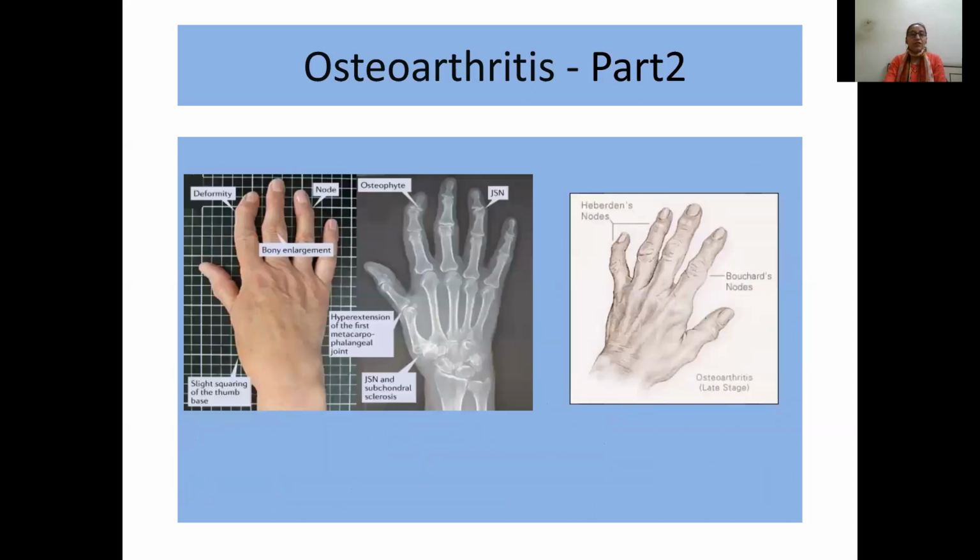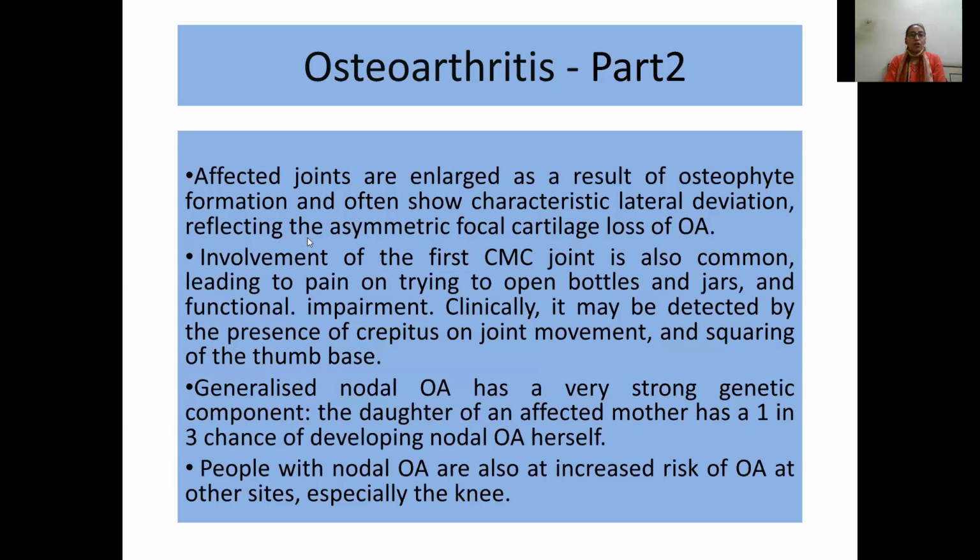If you see the previous picture, this is the deformity in the first carpometacarpal joint, and this swelling here causes the square thumb base, and these are the osteophytes. These pointed projections are called osteophytes, and these enlargements are called nodes. So these are Heberden's nodes, and these are Bouchard's nodes.